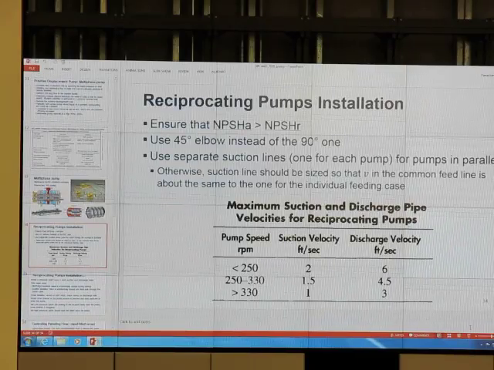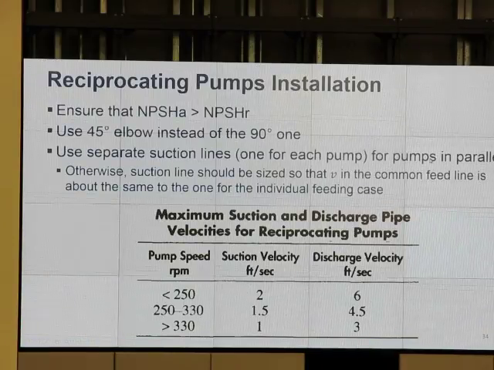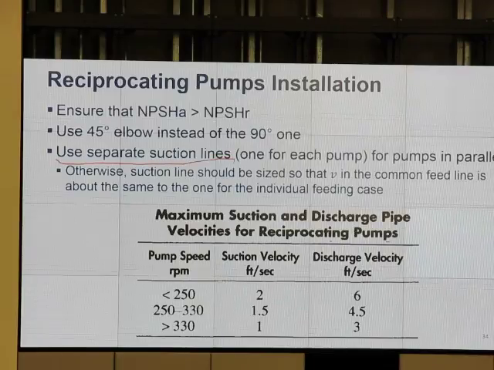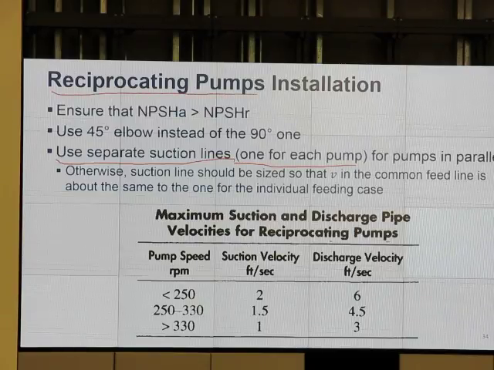Use a separate suction line, one for each pump, for pumps in parallel. Okay, this part, let's focus a little bit more. I put in here, use a separate suction line, one for each pump, when we put reciprocating pumps together in parallel.